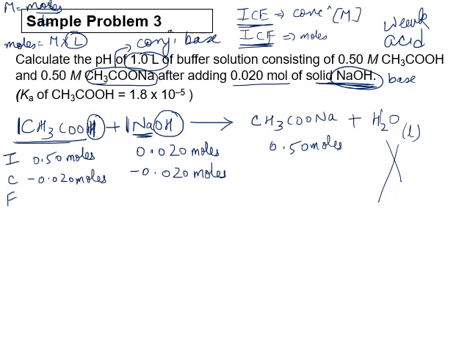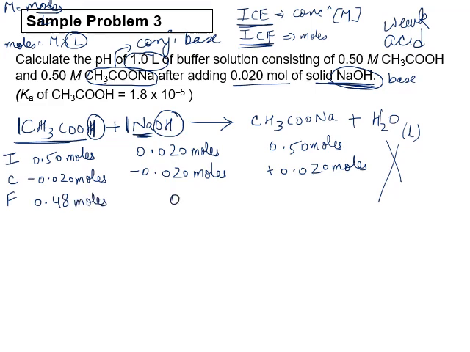This is kind of like an ICE table when you do minus x, plus x. Same thing, but now we are working with moles instead of molarity. This would be plus 0.020 moles. So at the end, finally, what do I have? I have 0.50 minus this much, which would give you 0.48 moles of this.